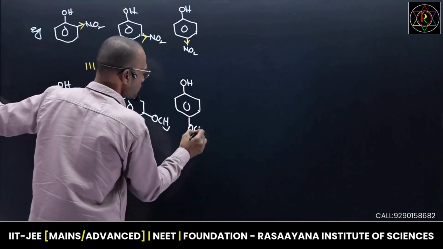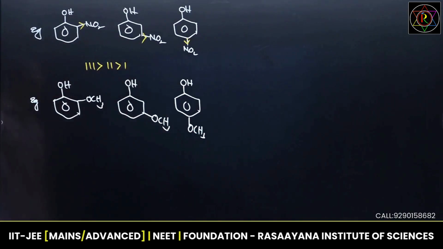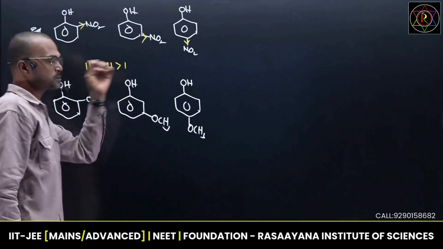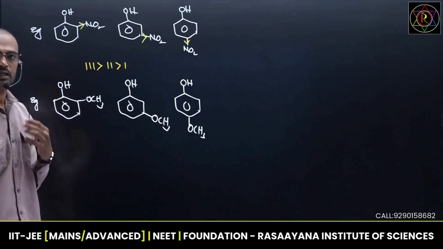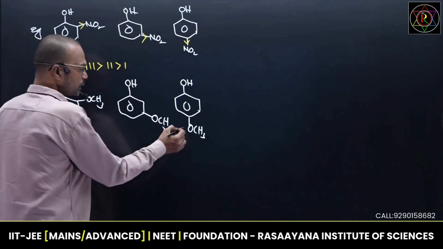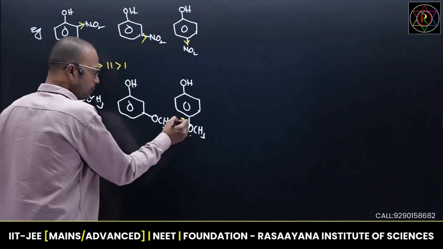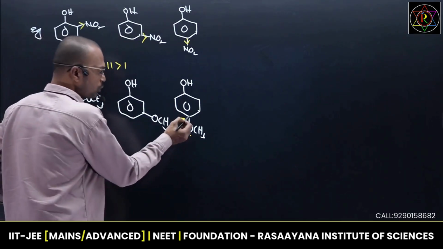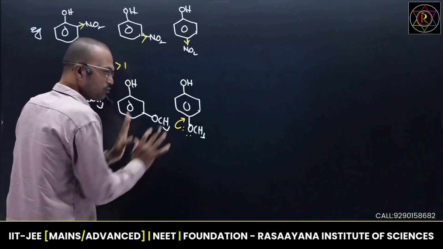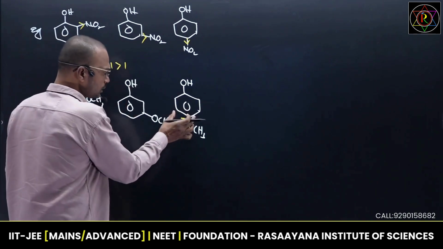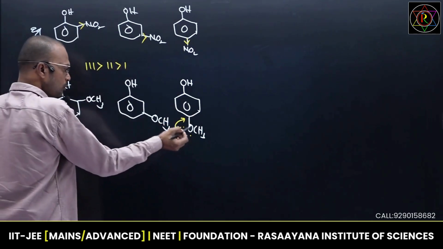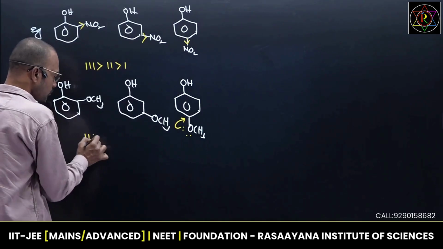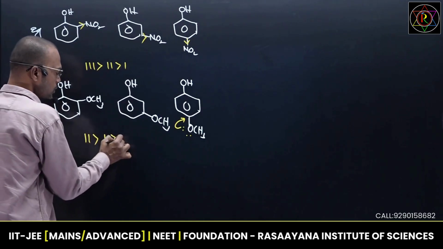Now can you say which is more acidic among this? Remember, if withdrawing group is present, acidity increases. When donating group is present, acidity decreases. So we know that para position more electron density already appeared over here, and this group is giving somewhat more extra electron density. That's why it is highly unstable. So I can say this is highly unstable, later on this and this. So finally I can say that second one is more acidic than first one is more acidic than third one.